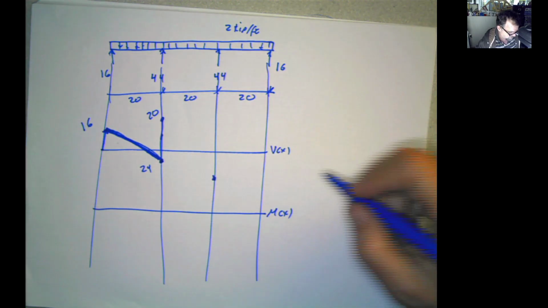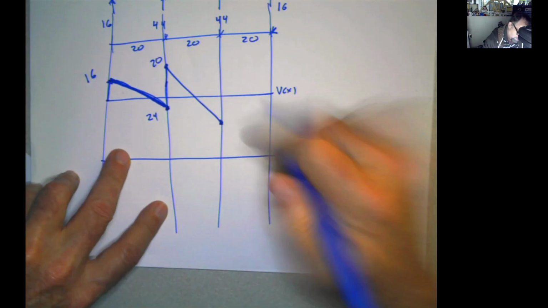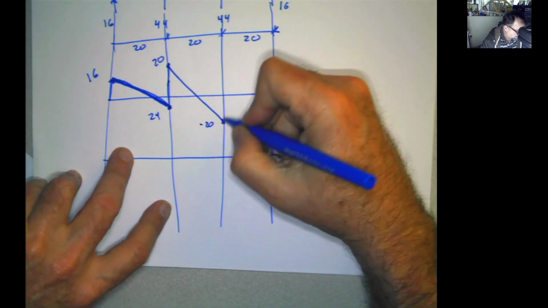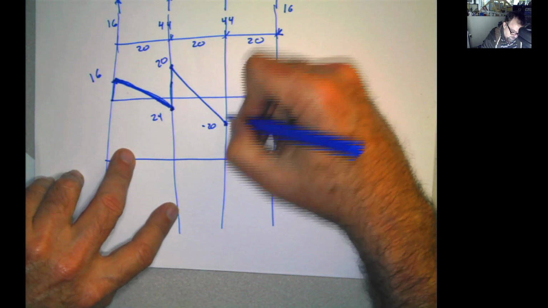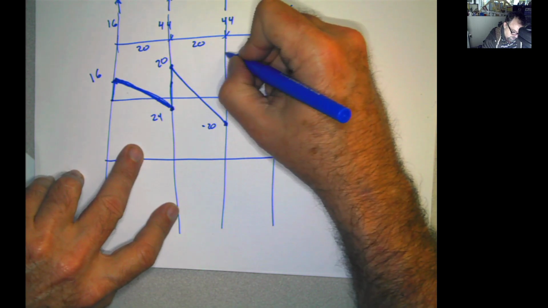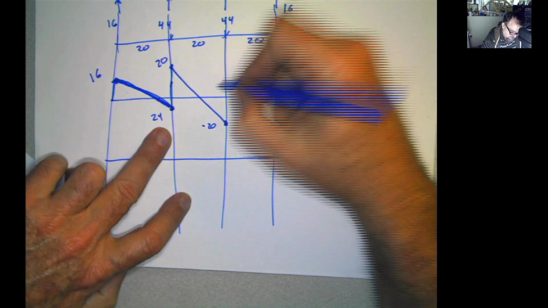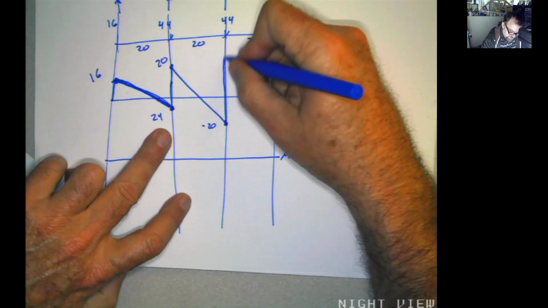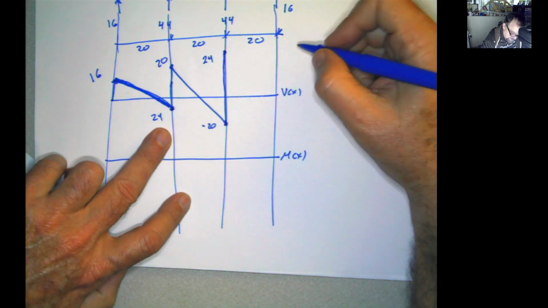I don't know why I don't use a ruler instead of flipping this, but anyway, negative 20, and now this is going to be pushed up. This is 20, this is 44, meaning this is going to go to 24 somewhere here. Look at that, 24 and 20, but it doesn't matter. This is not to scale and you know it, and I know you know it. So 24 right there, that point should be here.